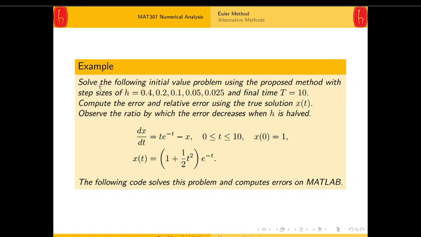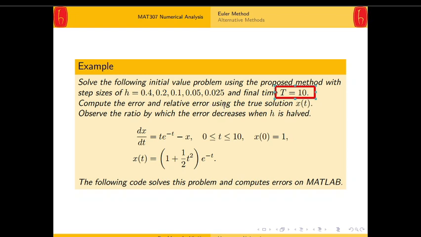Next example: solve the following initial value problem using the proposed method with step sizes of h equal to 0.4, halved 1, 2, 3, 4 times, and lastly we compute with h equal to 0.025, and we choose time equal to 10.